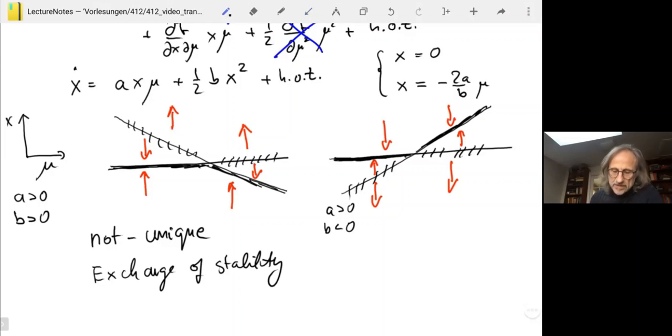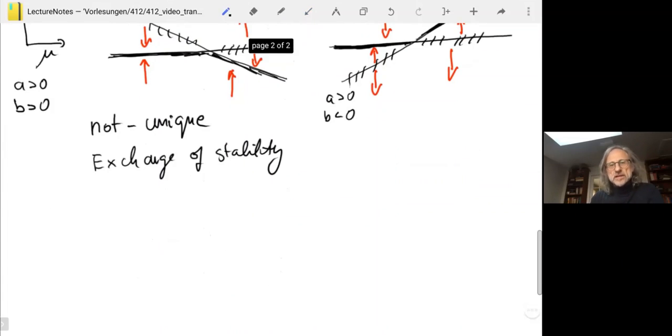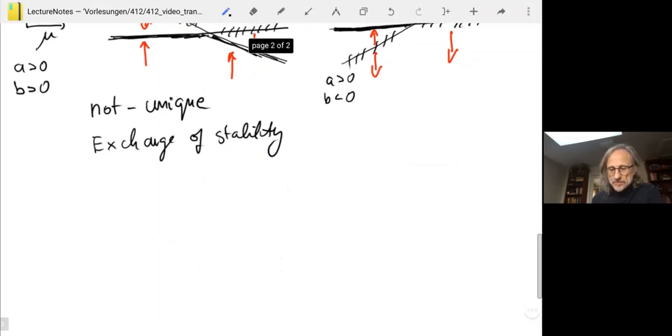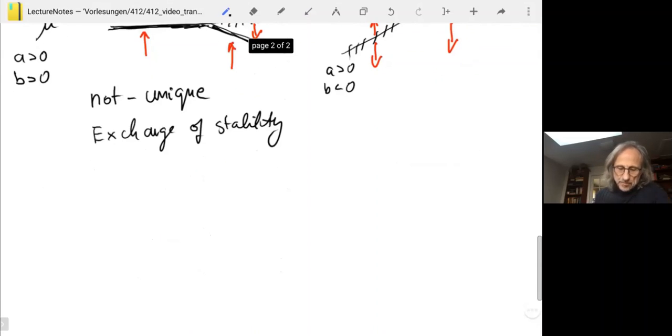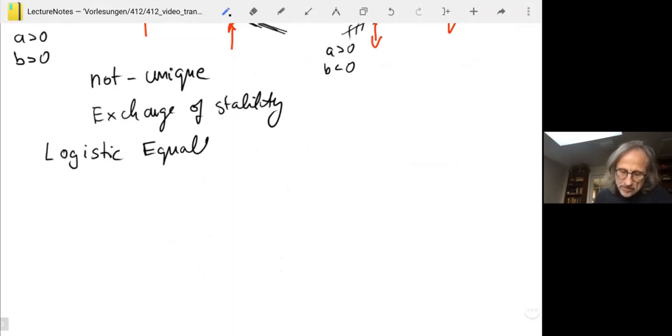Let me mention one example that you're familiar with, although you may not have recognized it as a transcritical bifurcation, which is the logistic equation. Of course, you have seen the logistic equation for population growth a long time ago, beginning differential equations.